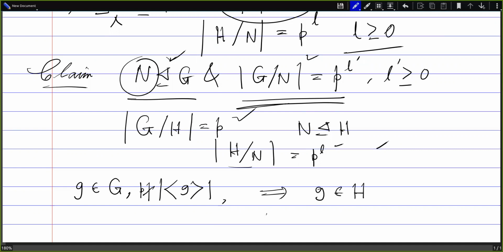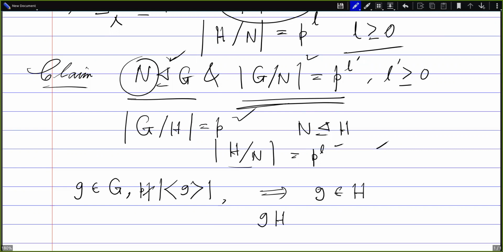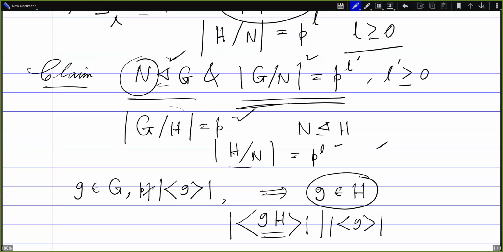We look for GH, which is in G modulo H, and the order of GH in the quotient group has to divide the order of G. Now what is the order of that? If this does not happen, then GH cannot be H, but this is a cyclic group of order P, so therefore this has order P, and thus P divides order of G as well, which challenges our assumption. So that means G belongs to H.